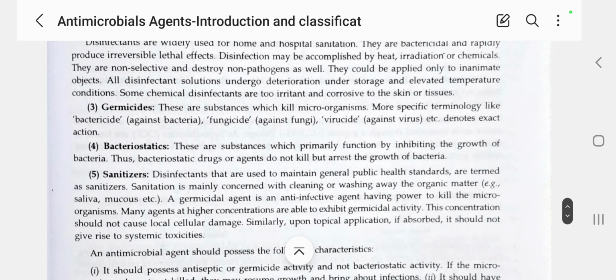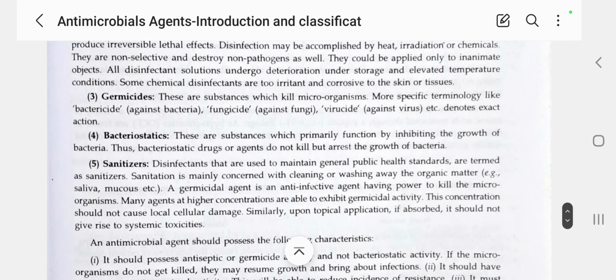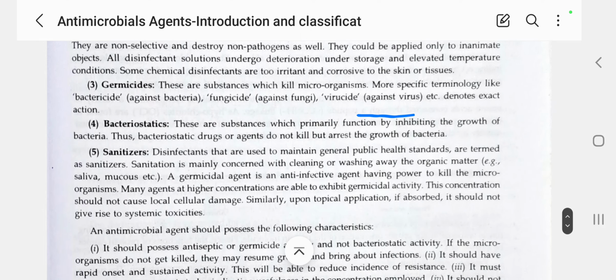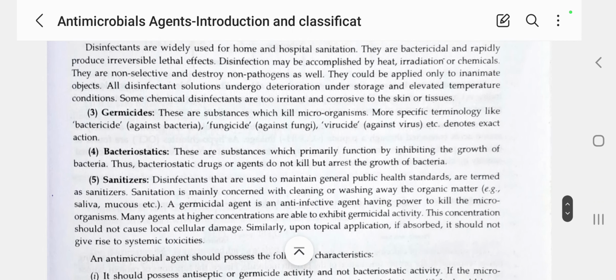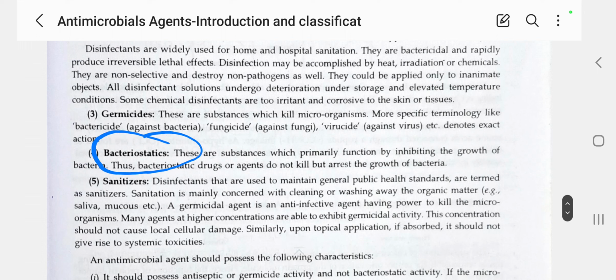Next, germicide. The name itself gives the information: germicidal is that which will kill the germs. These are substances which kill microorganisms or germs. More specific terminology like bactericidal means against bacteria, fungicidal against fungi, and virucidal against viruses, denoting exact actions. Next, bacteriostatic. I already told you bacteriostatic differs from bactericidal.